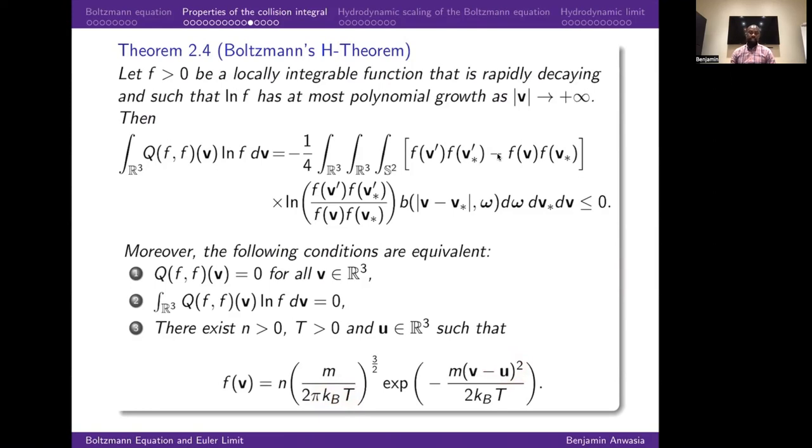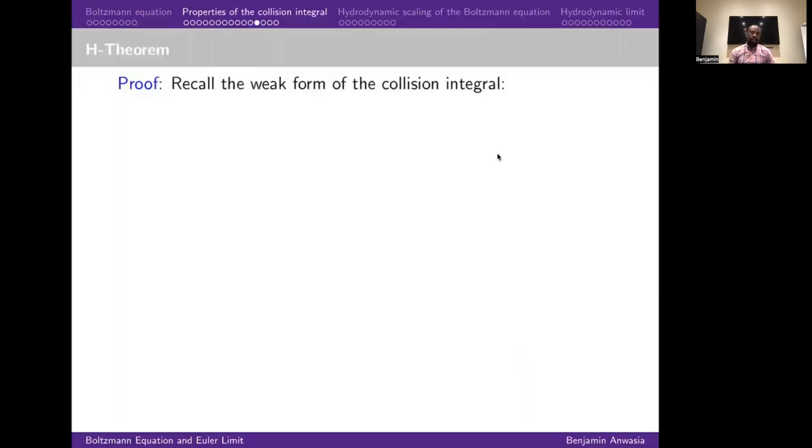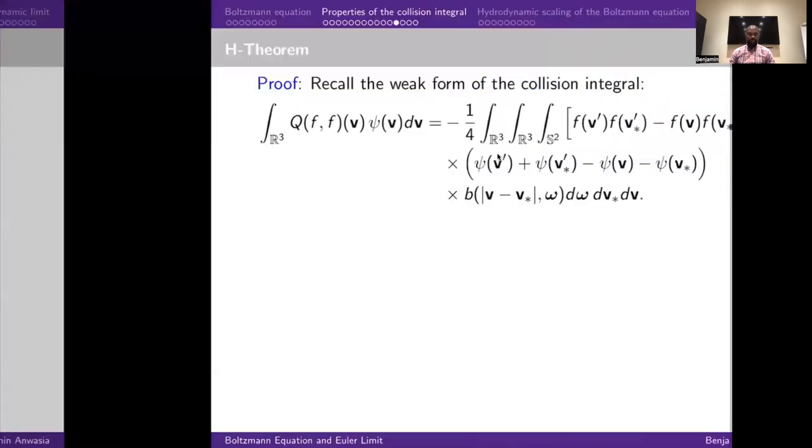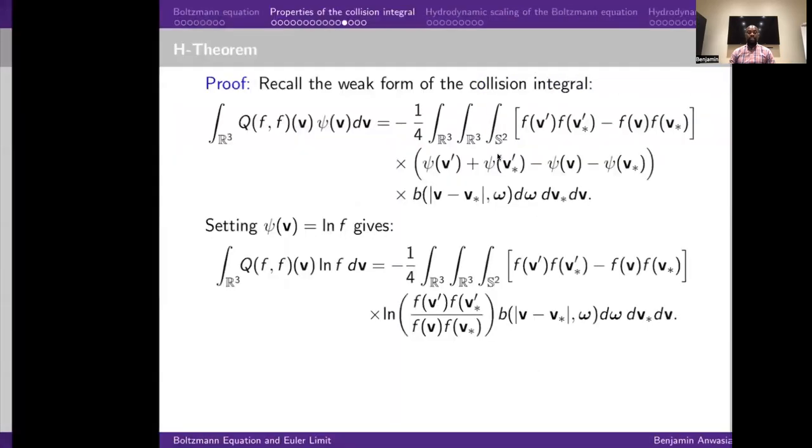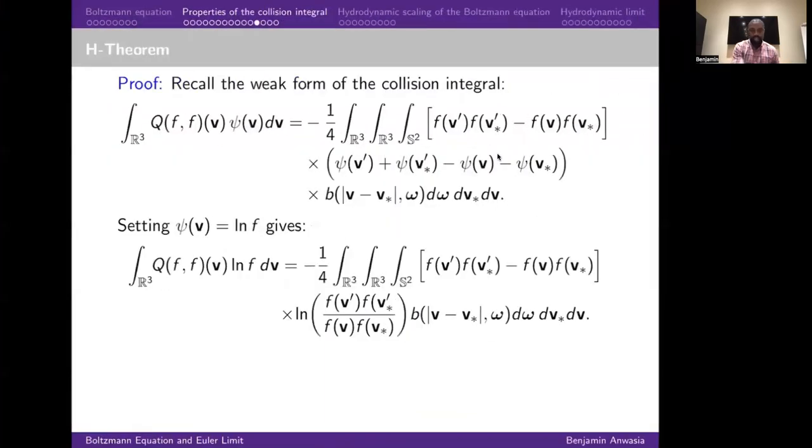Now, proof of the H theorem. Recall the weak form of the collision integral, which is given as follows. Now, setting psi to be equal to log f in the weak form of the collision integral, we obtain that it is a collision invariant. In particular, we obtain this equation.